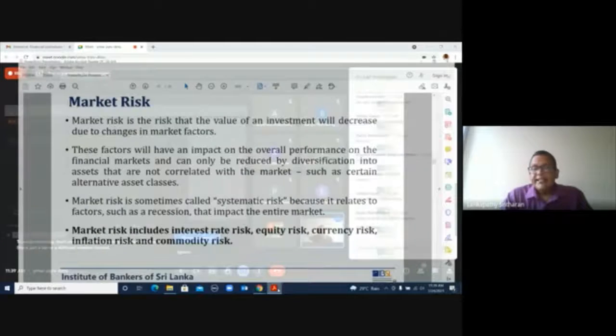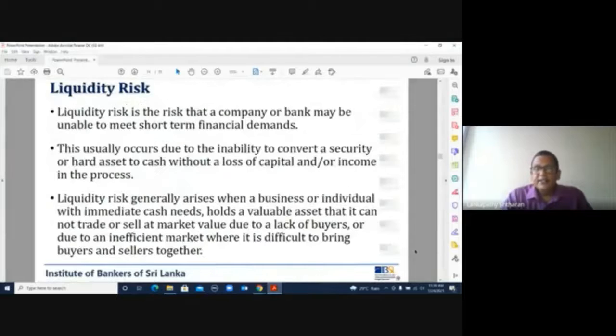Okay, then I'm moving to the next one, which is liquidity risk, the last of the financial risks. In financial risk, first we have seen credit risk, second market risk, and third liquidity risk.